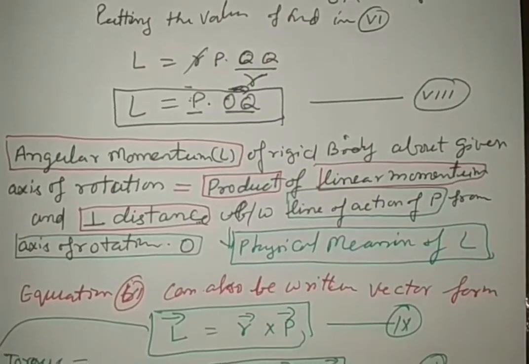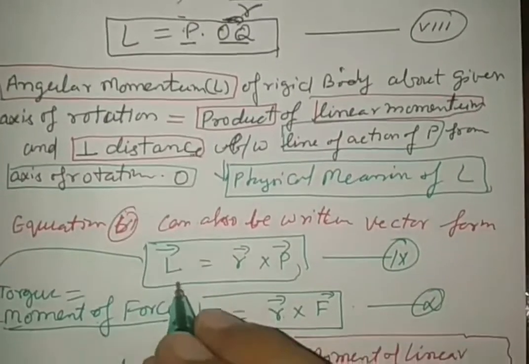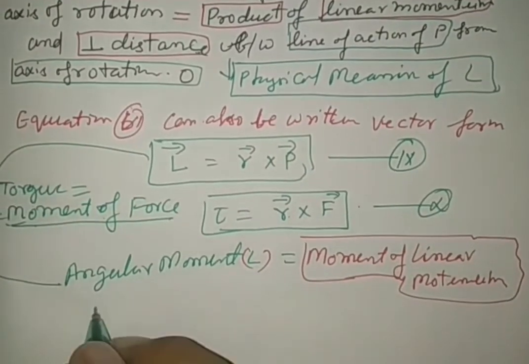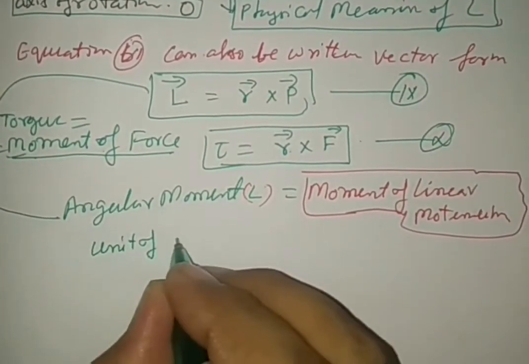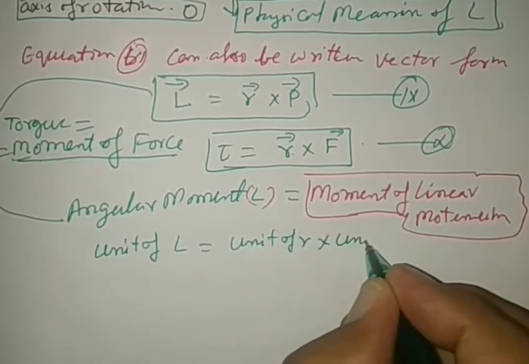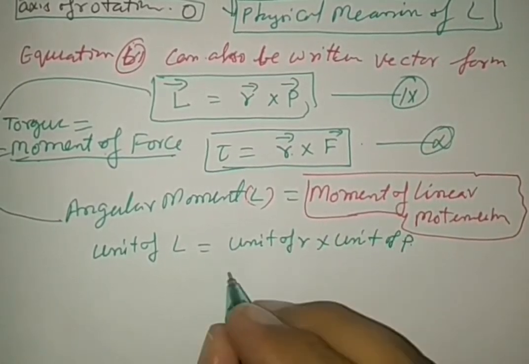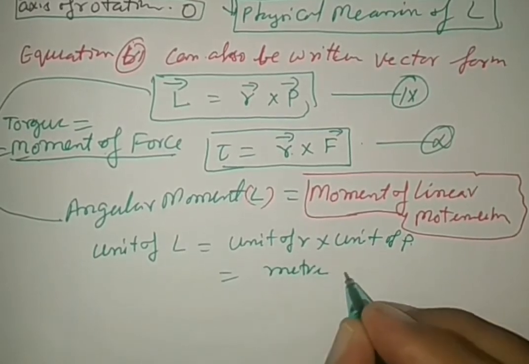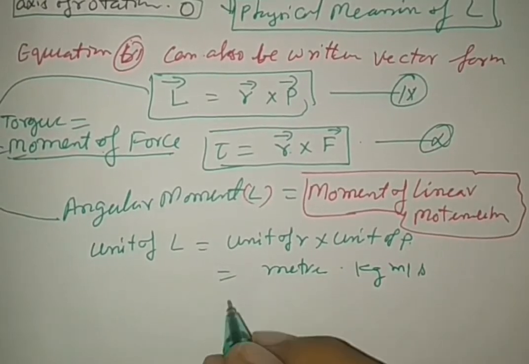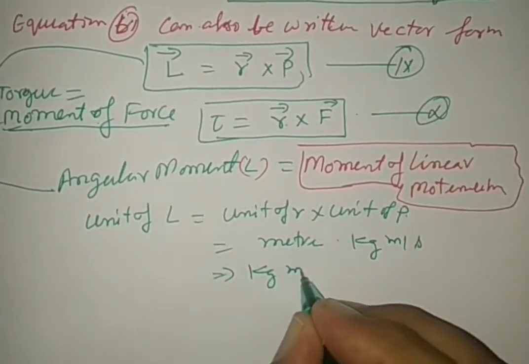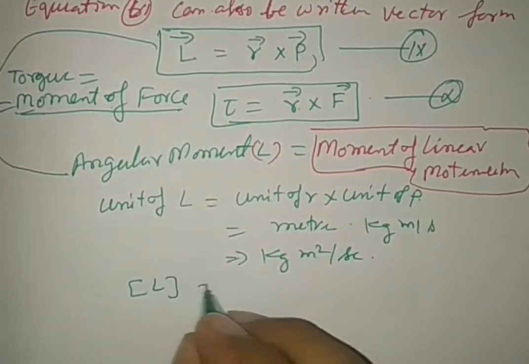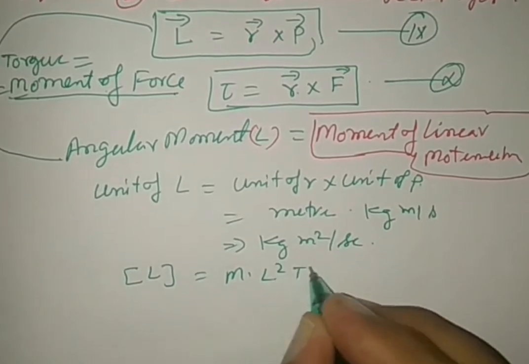So these are the two meanings of angular momentum, R into P. So unit of L is equal to unit of R into unit of P. Linear momentum is kilogram meter per second, so it becomes kilogram meter square by second. Dimensional formula of L is M L2 T minus 1.